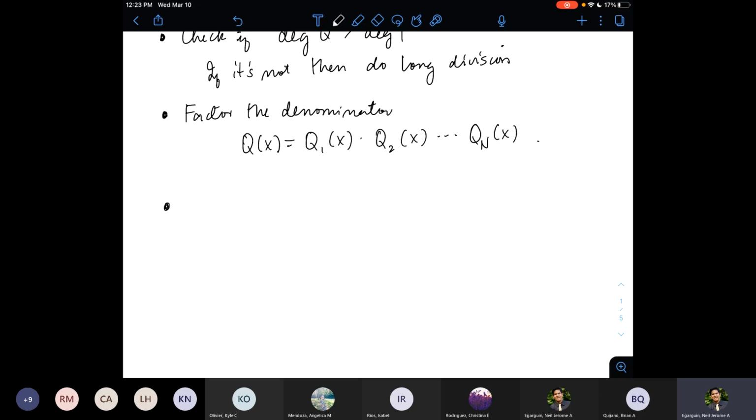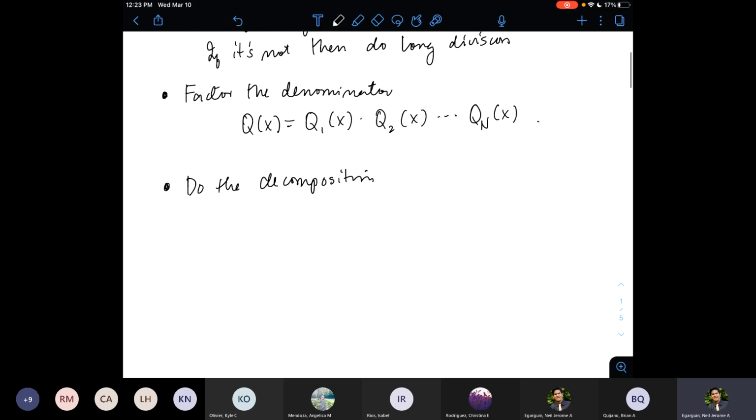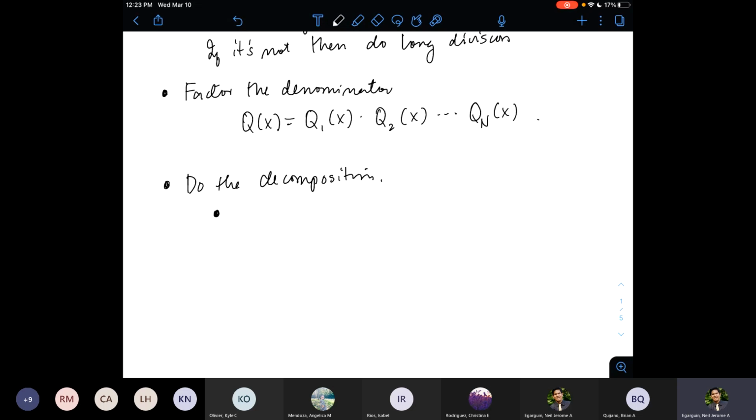So now for the decomposition, each of the factors will force us to have some little fractions in the decomposition, and how those little fractions look will depend on how the factors look. So for instance, we have case number 1.